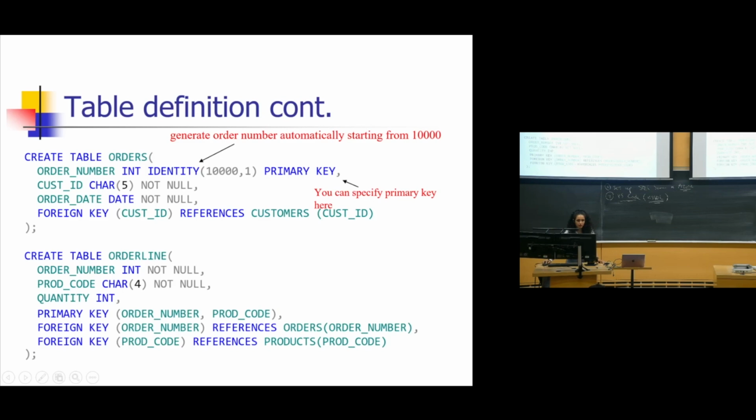You also know how to define the data type of each column. For example, let's say you have the order table, then what could be different attributes for the order table? We have order number, right? Customer ID, and let's say order date. So these are your columns.